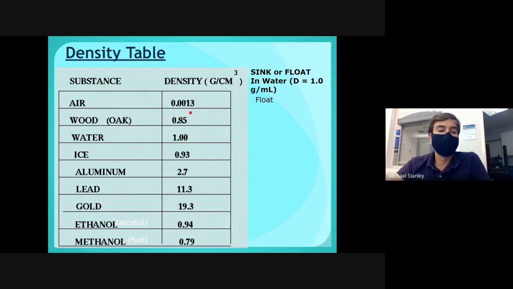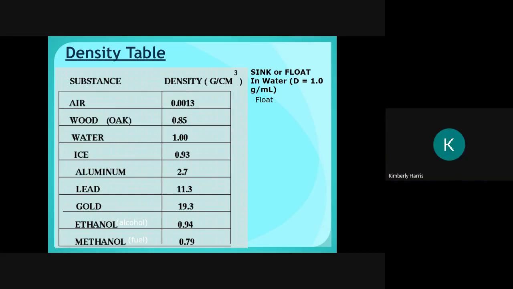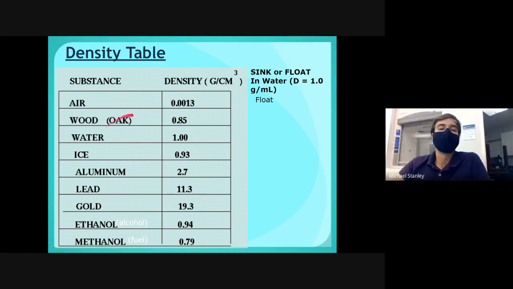So is a wood oak branch going to sink or float on water? Float. Exactly. Wood is lower in density than water just by a little bit, but it's still enough to count. So wood, 0.85, is lower than 1. So wood is also going to float on water.